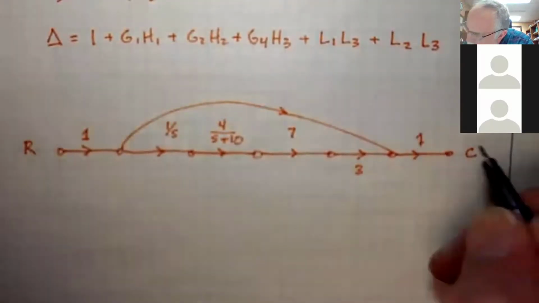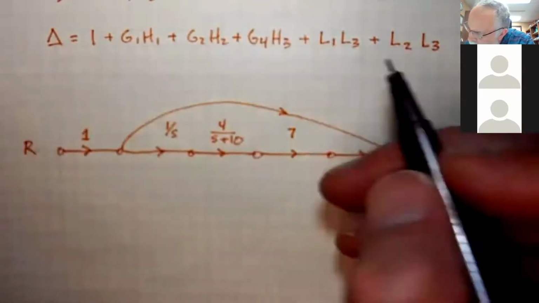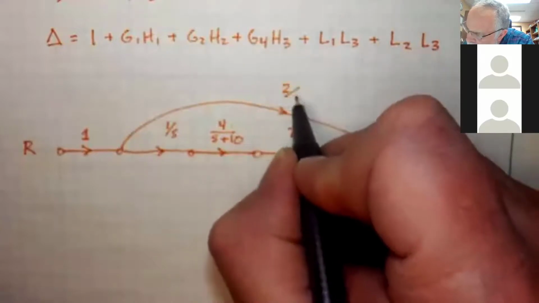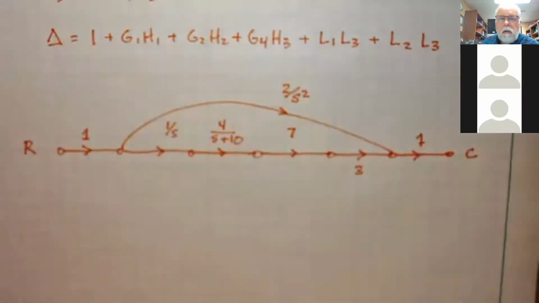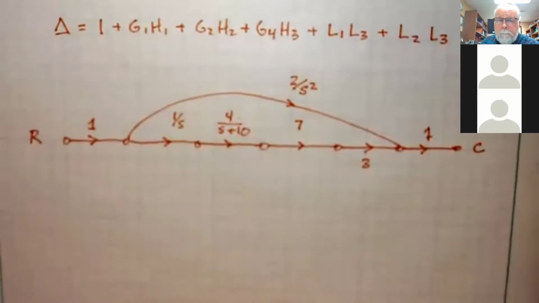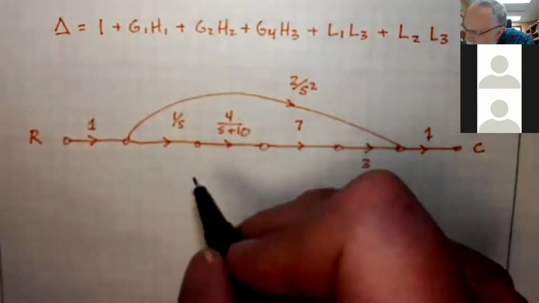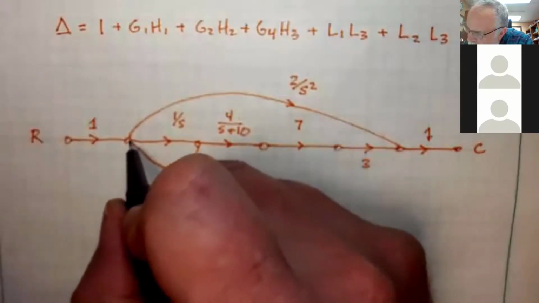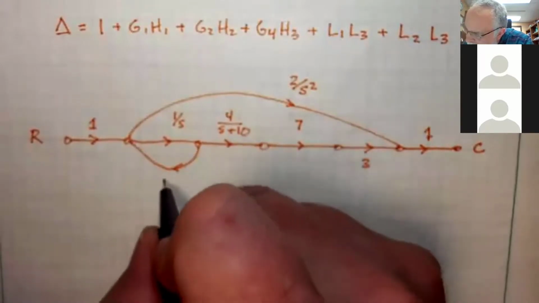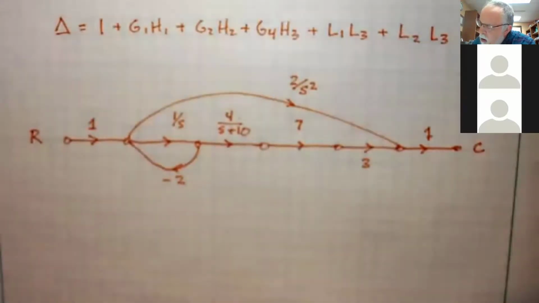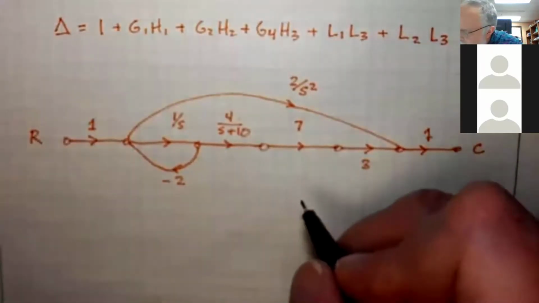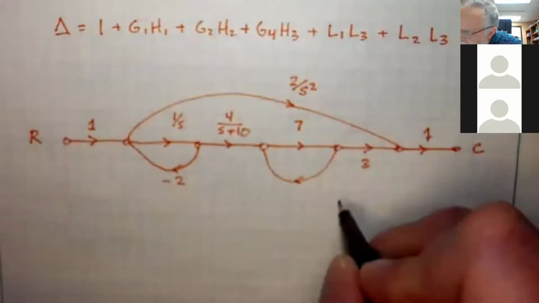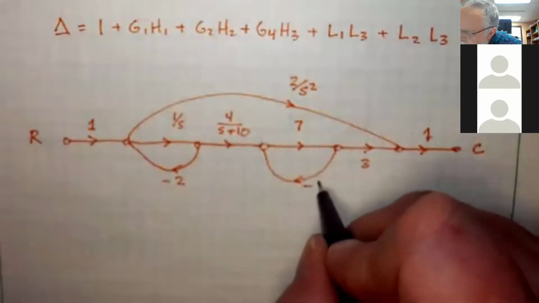So there's a gain of 1. Up here, I'll make this a gain of 2 over S squared. I'll have this have a gain of -2, and I'll have this be a gain of -4.